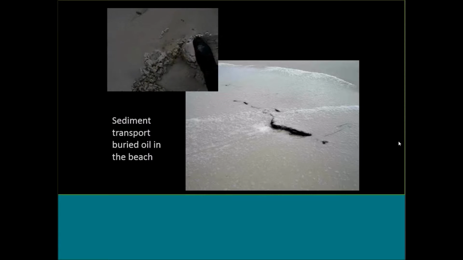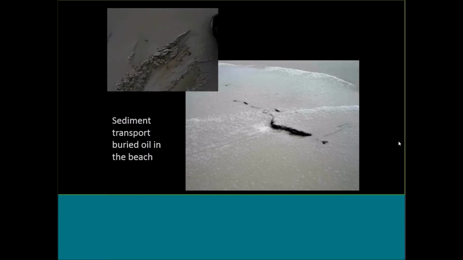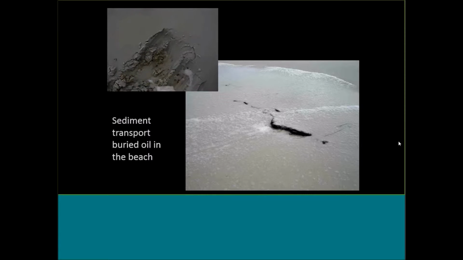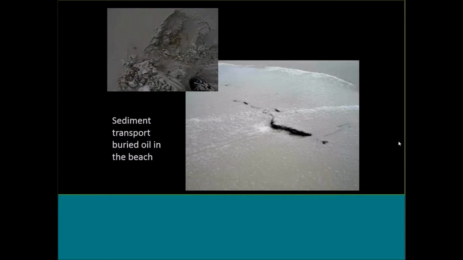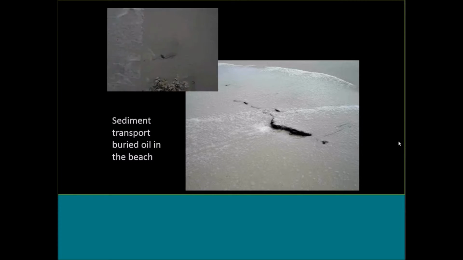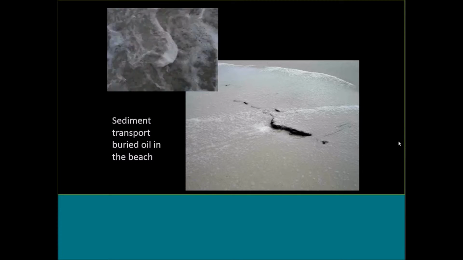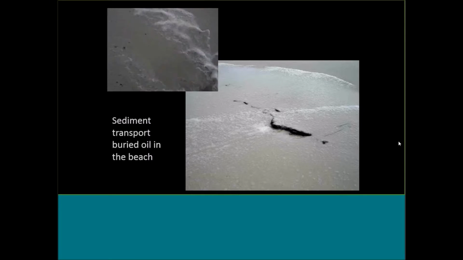But you see that a lot of oil was dug into the beach sand. And that was mentioned already before. There was a lot of lateral sand transport. And so oil was in the beach everywhere. When you stretched up off the surface by 1 inch or so, we'll have all these oil particles of all kinds of sizes.